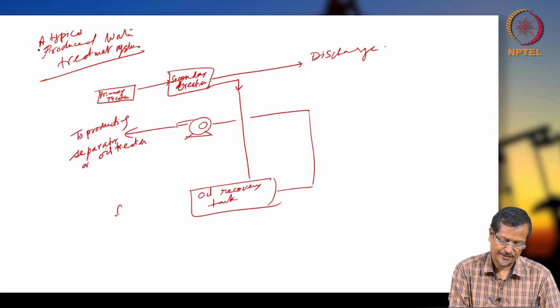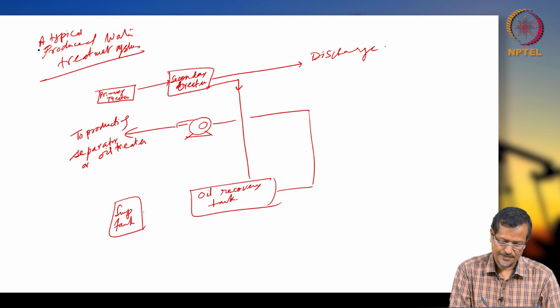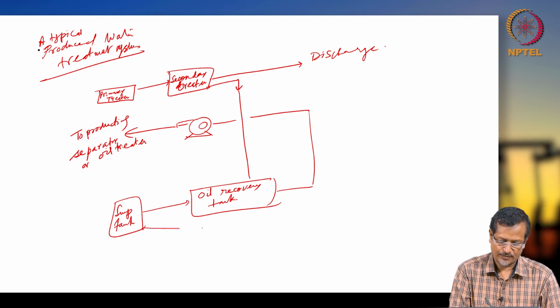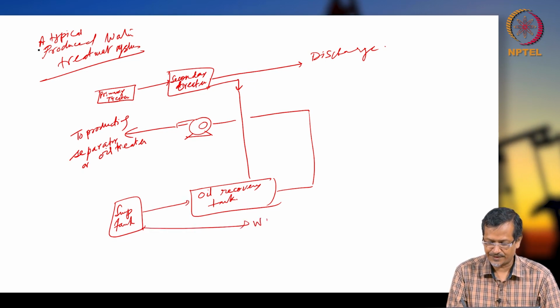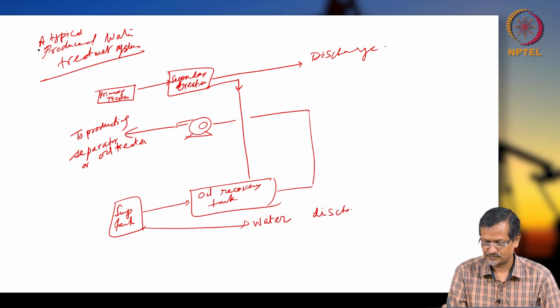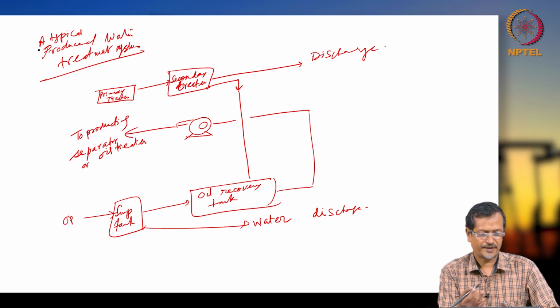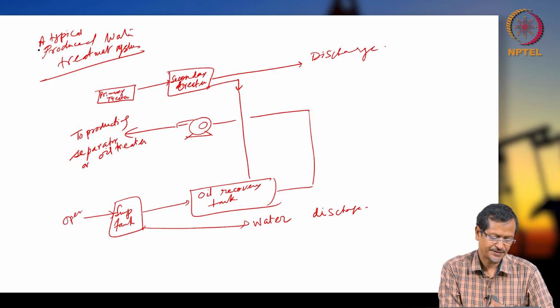Then some tank. Some oil will go there, and if water is coming, water will be drained, water discharge. So open drain, closed drain, different types of drain will be there. We will discuss later.